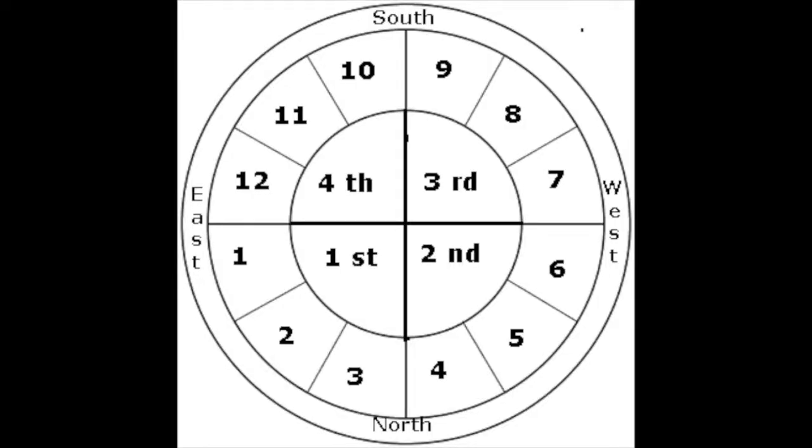Okay, so there's 12 houses on the astrology chart. So the whole chart has the numbers 1 through to 12. That's 12 segments of 30 degrees, which makes a 360-degree circle, which is all around us.